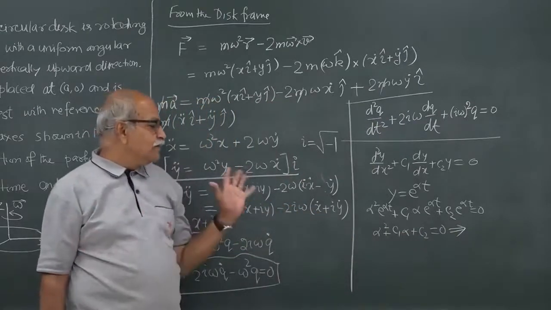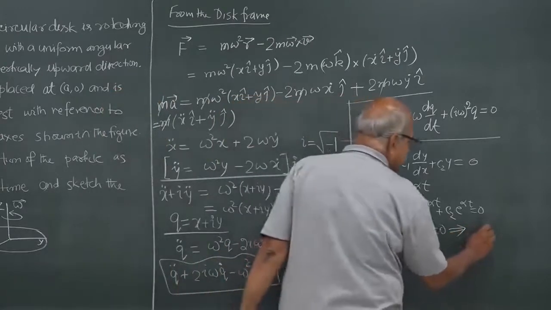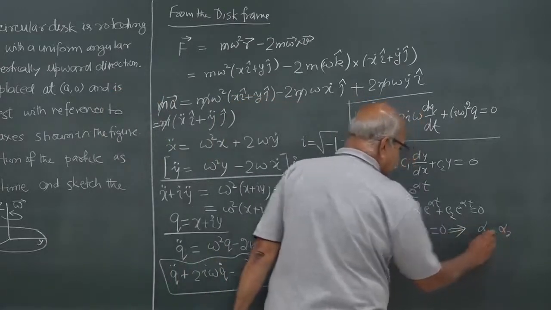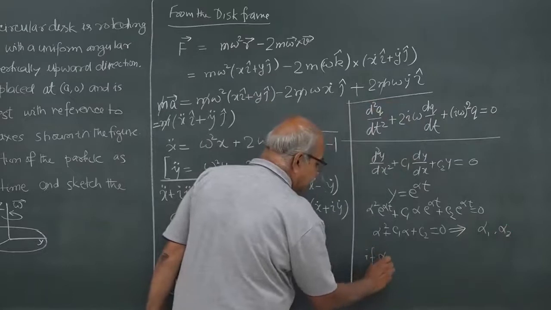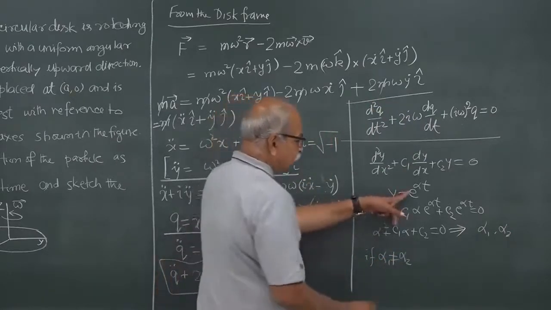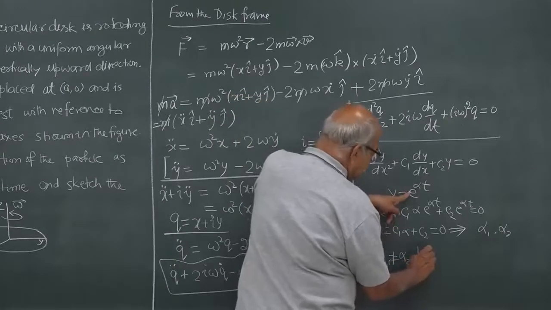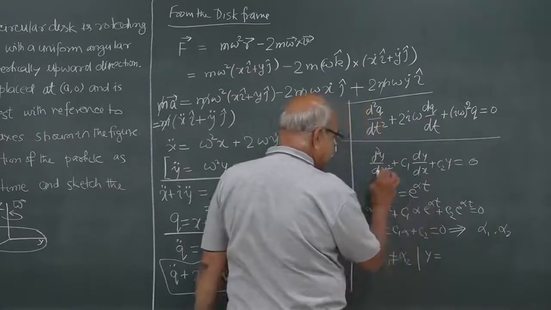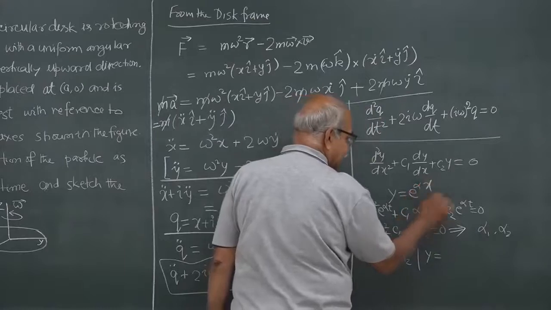You will get two values of alpha, say alpha 1 and alpha 2. Now, if alpha 1 is not equal to alpha 2, then your solutions are y is equal to, this is all x, I have written x here, so let us write x here.